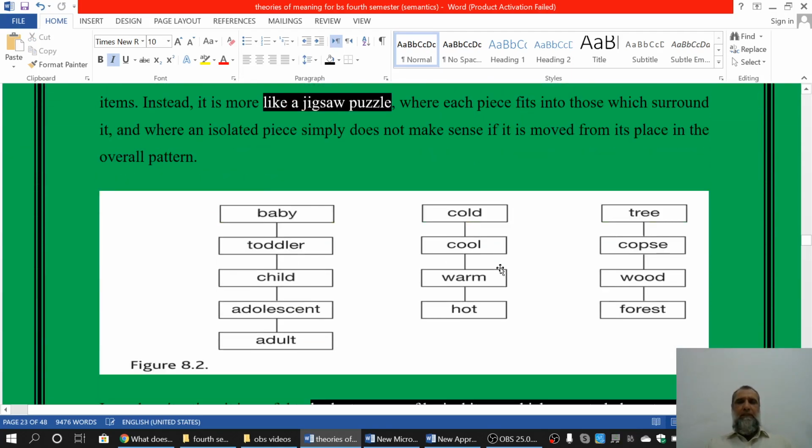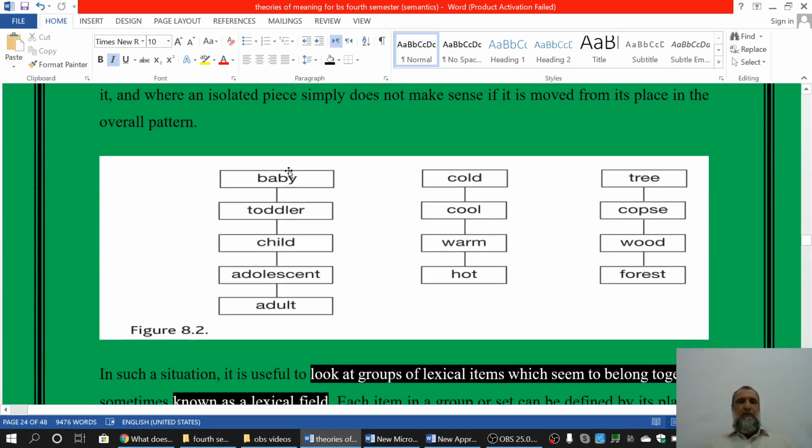If you have a look at this diagram, you have these words: baby, toddler, child, adolescent, and adult. All these are related in meaning, and therefore this would be referred to as a semantic field.